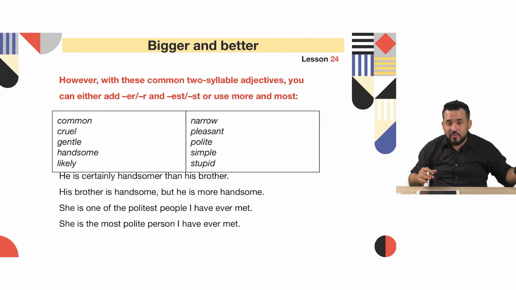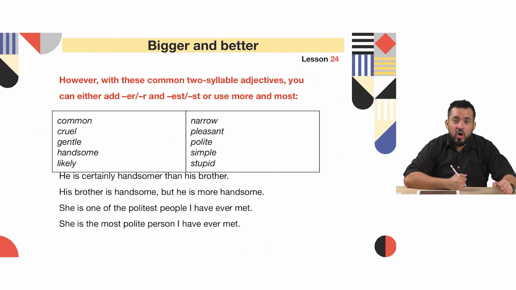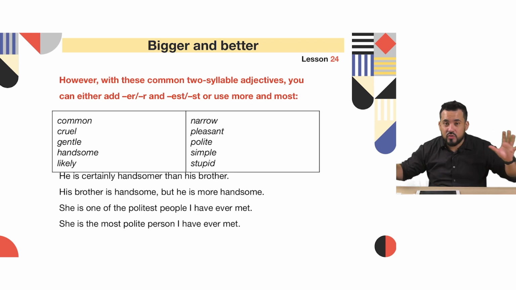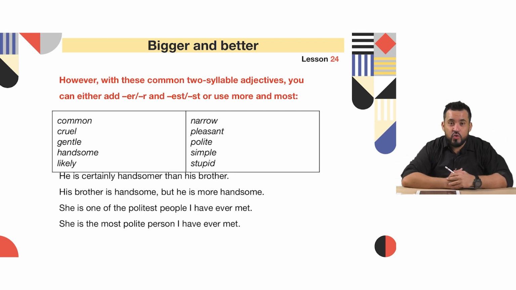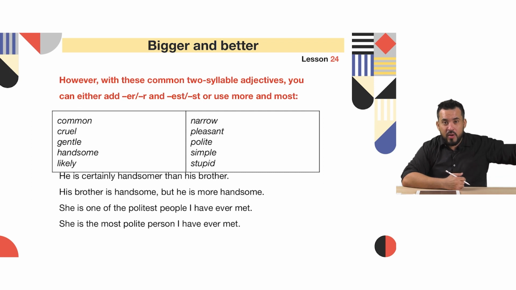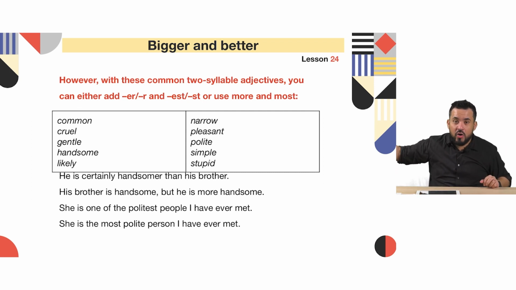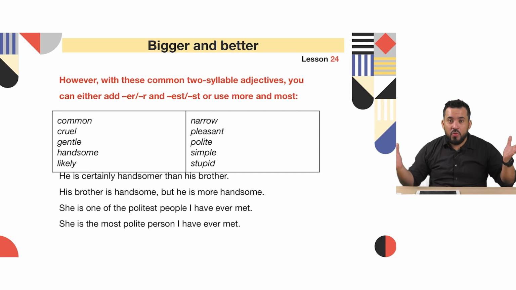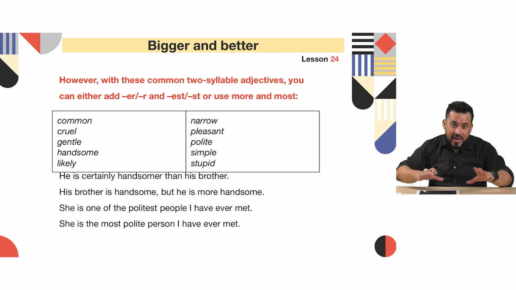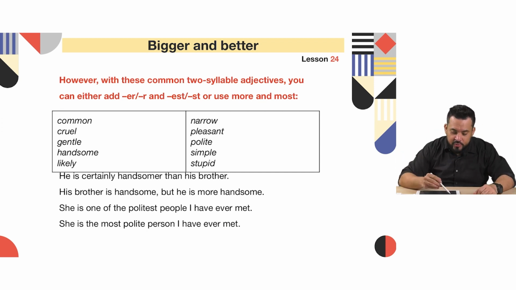But sometimes we can still use ER or EST with some adjectives, not all adjectives. Here is a list of adjectives that you can use either more and most or ER and EST with. Both are correct for these adjectives, not in general. So these are some exceptions.